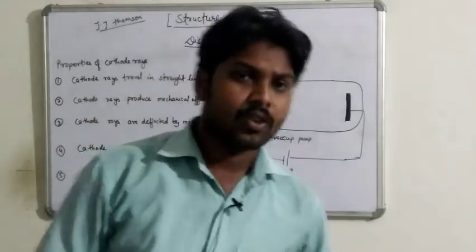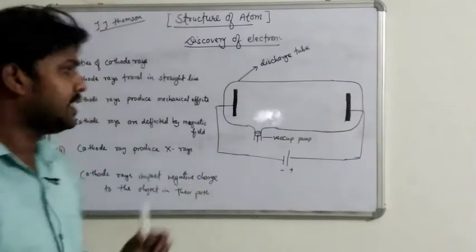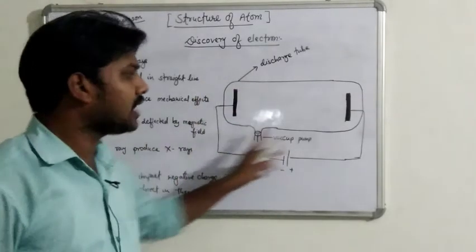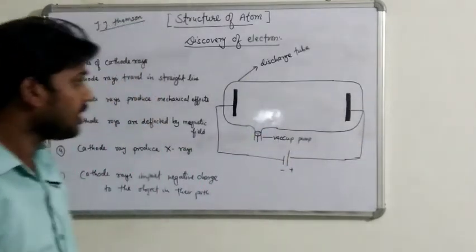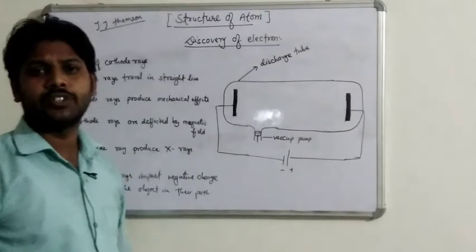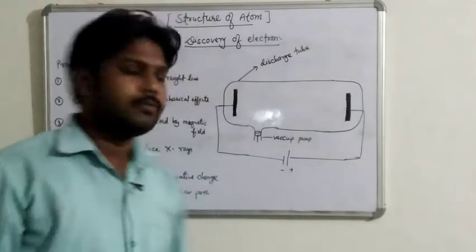Clear students? Now, scientist William Crookes took a discharge tube in a cylindrical form. Clear students? And in this discharge tube, children, he connected two metallic electrodes.